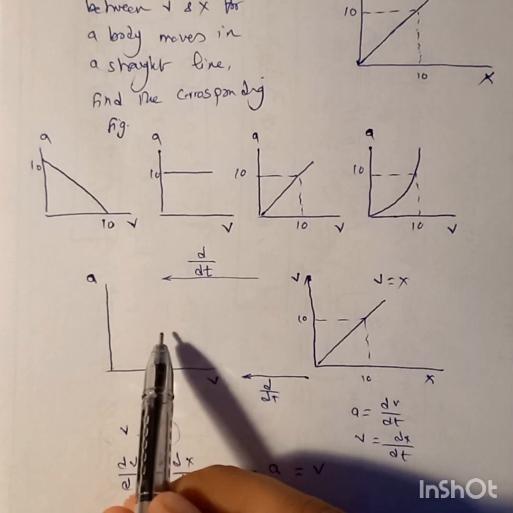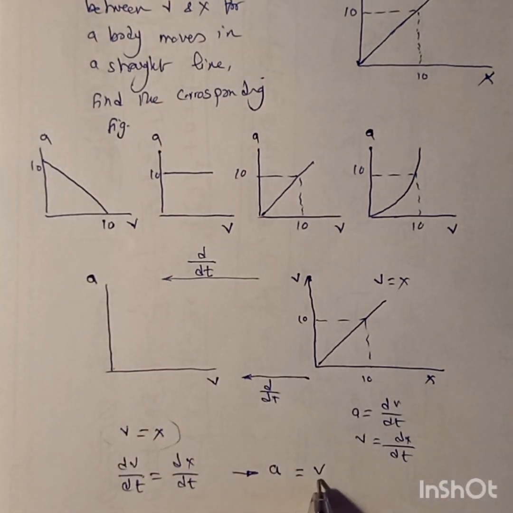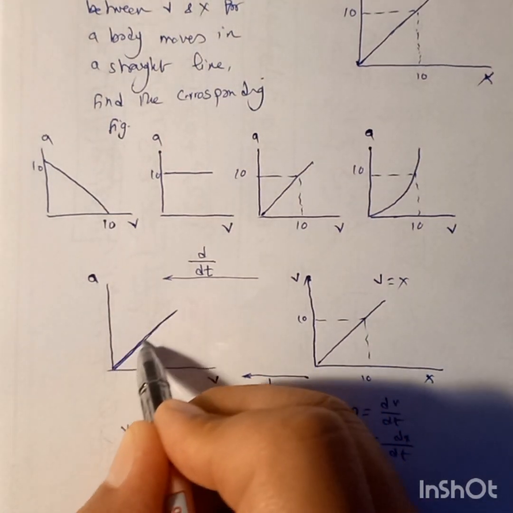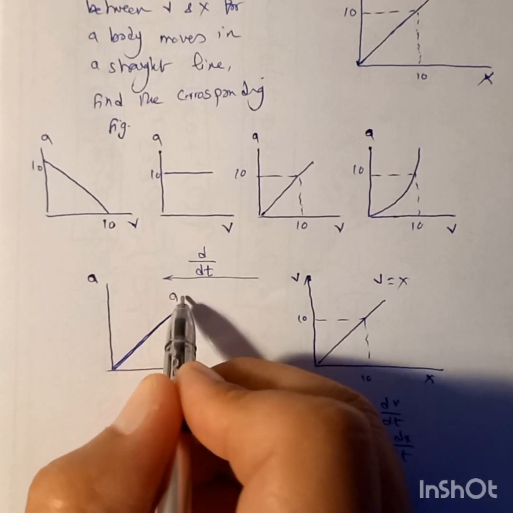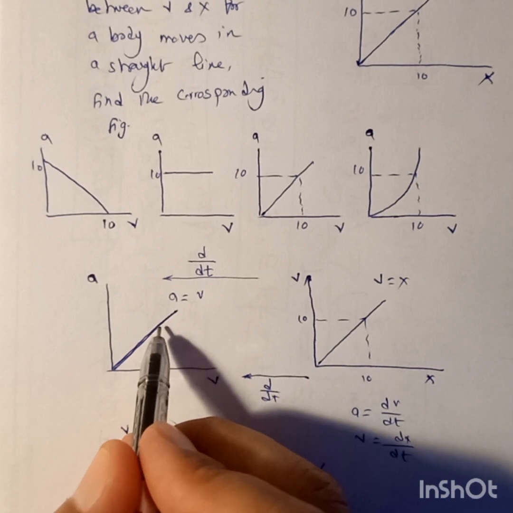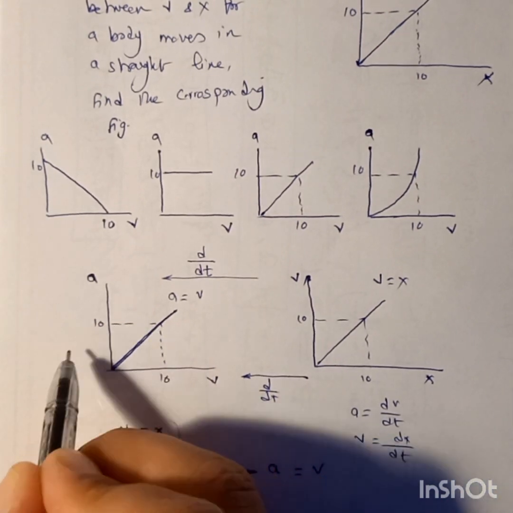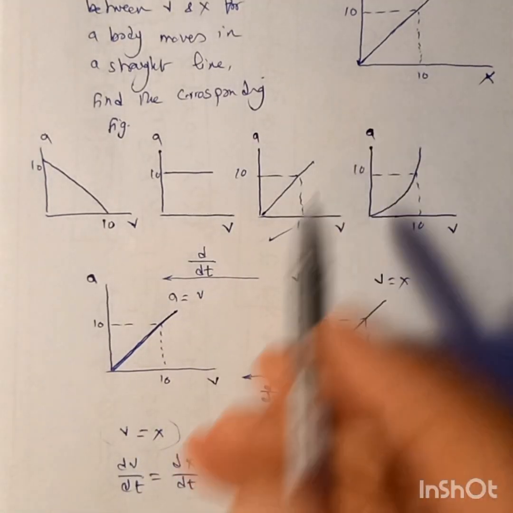Then the relation between a and v is a equals v. Then we can draw this one like this. The given one is at v equals 10, and we have a equals 10 as well. Then this curve is the required or corresponding one to the given curve.